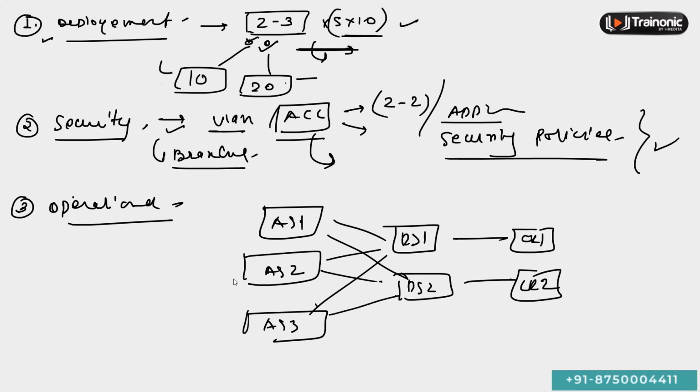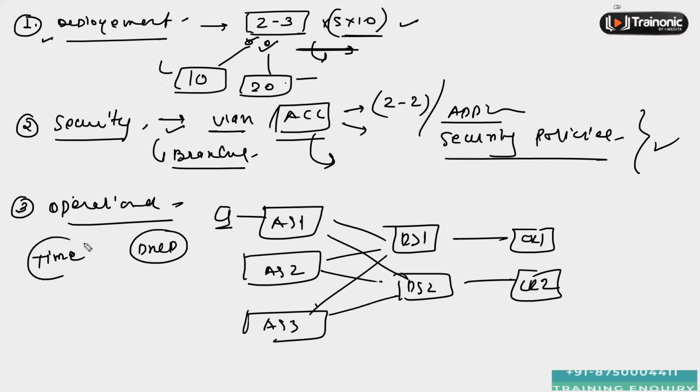For example, a user reports that they are not able to get an IP address via DHCP, or their time is not synchronizing with the network, or when they open a web page, they do not see DNS getting resolved properly. Let's say a user in VLAN 10 or VLAN 20 raises some sort of issue.